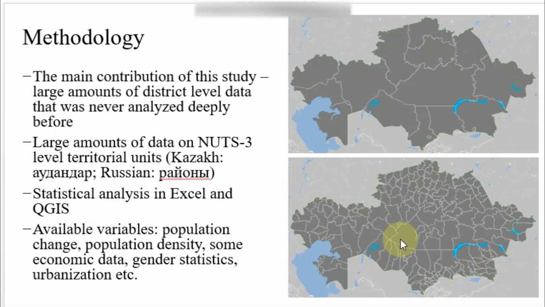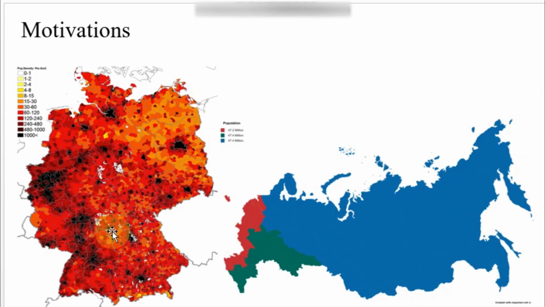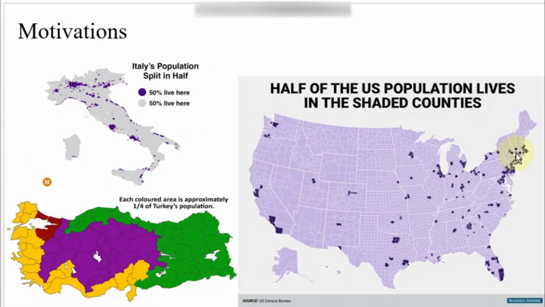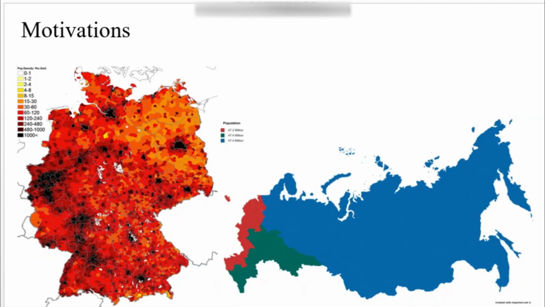So an important detail here to mention is that this NUTS-3 level is equal to what we see here in Germany. This is the same NUTS-3 level, and this is also NUTS-3 level. So these are comparable data.